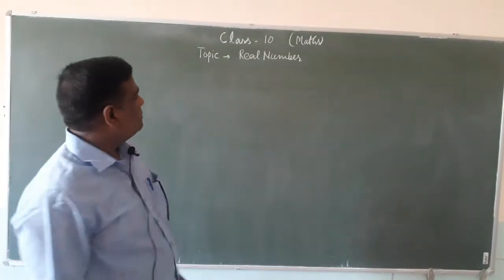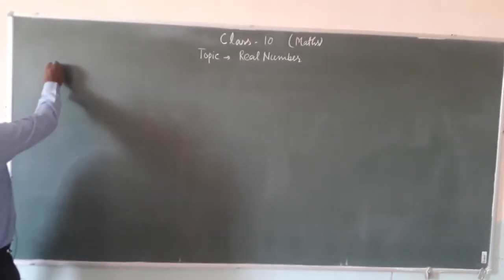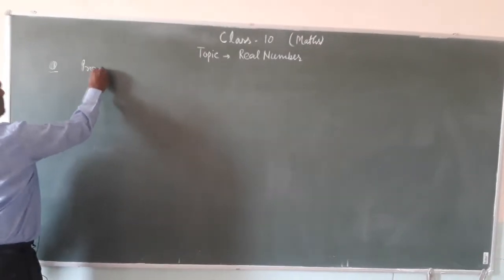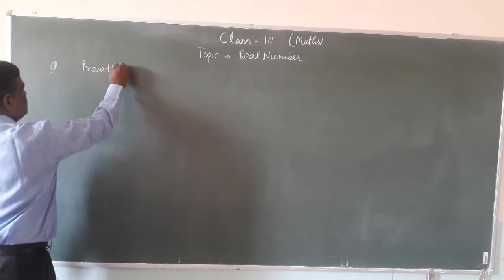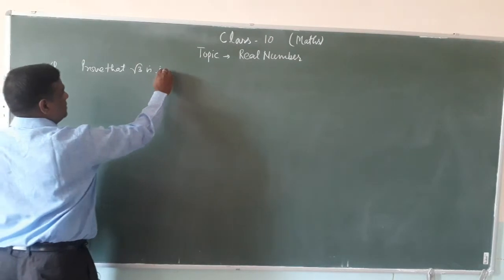Now we have to prove the question: prove that root 3 is an irrational number.